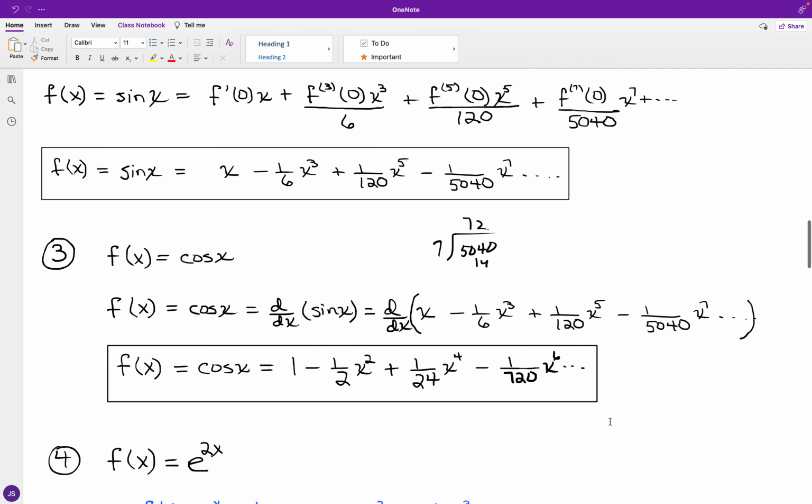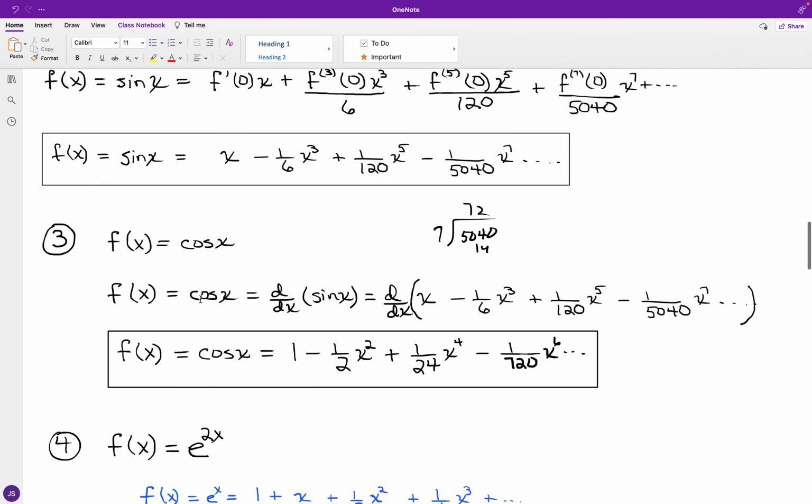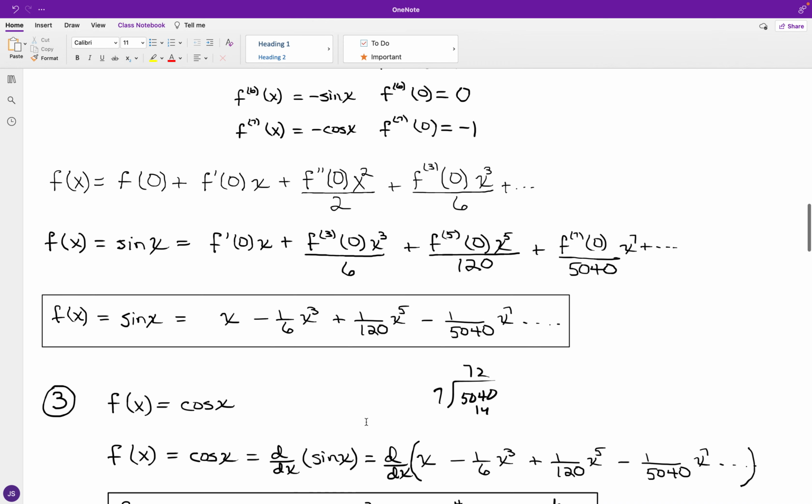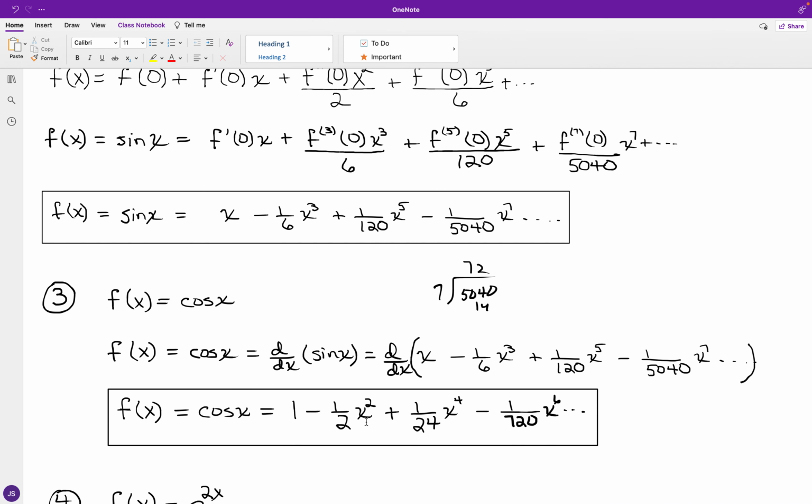And for the cosine of x, notice here with the sine of x, you have this set of terms, and without having to take the repetitive derivatives of cosine of x, if I already have the Maclaurin series for the sine of x, well, guess what?